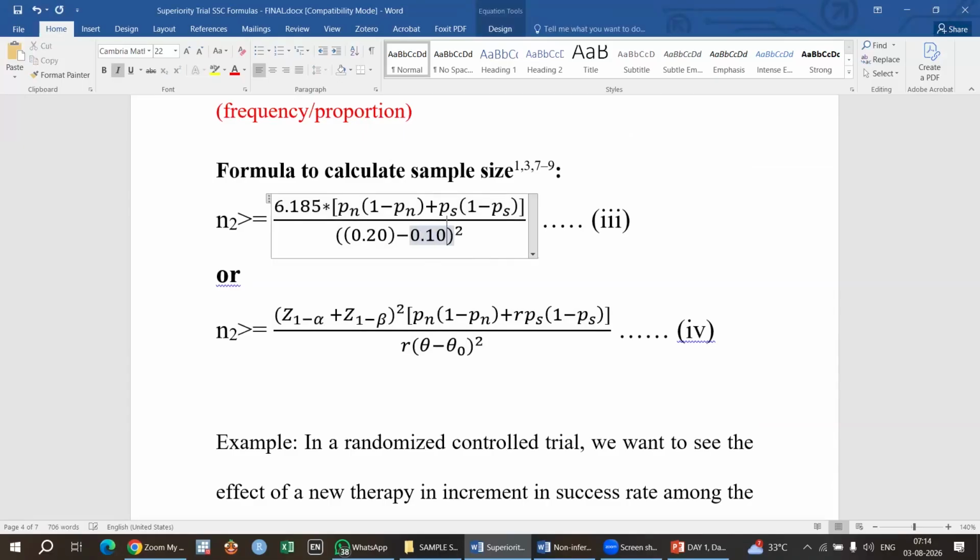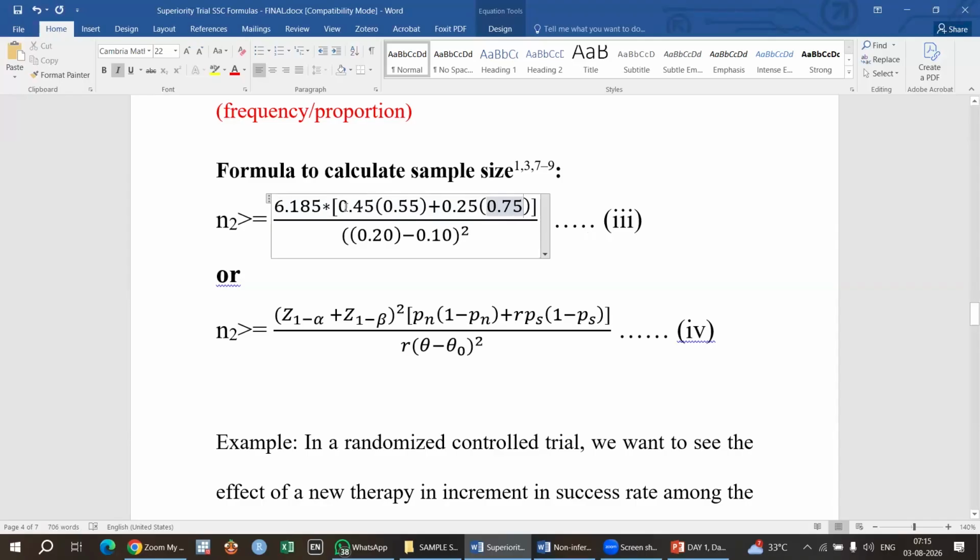So what is Pn? Pn is 0.45, so I write 0.45 here. 1 minus Pn means 0.55. Ps is 0.25, so 1 minus Ps is 0.75. We have done all the things, just multiply.